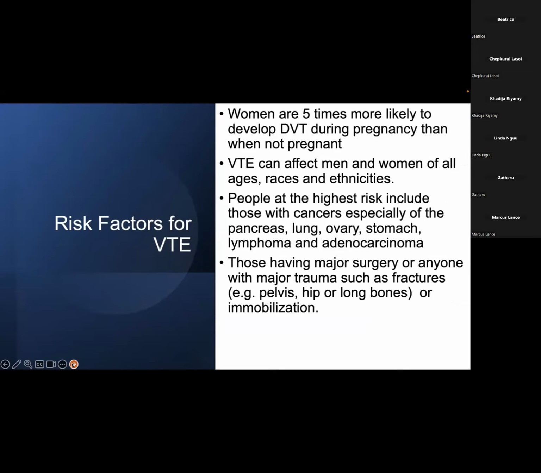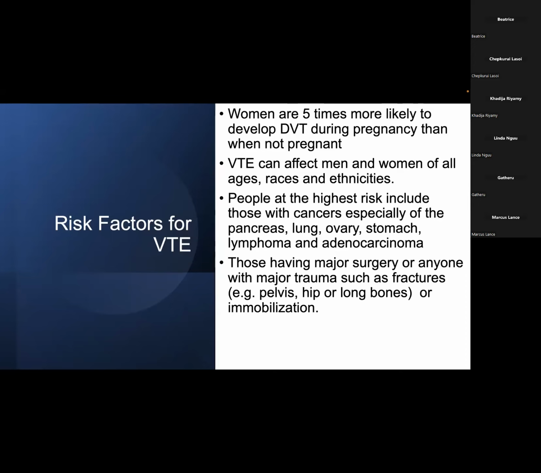Women are 5 times more likely to develop deep vein thrombosis during pregnancy than when not pregnant. VTE can affect men and women of all ages, races, and ethnicities. It does not discriminate.